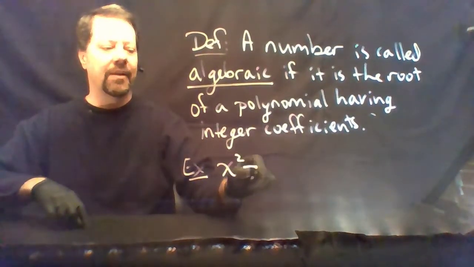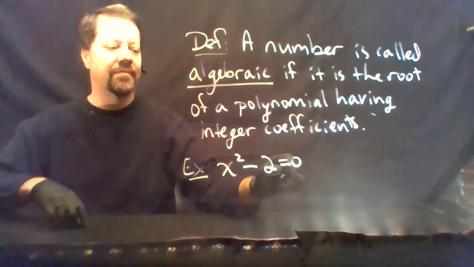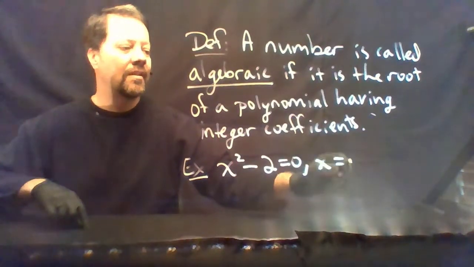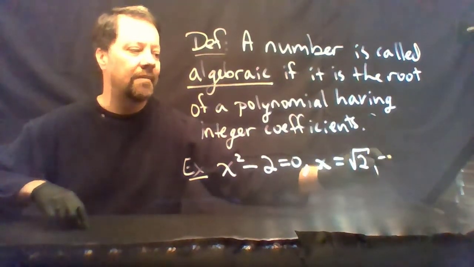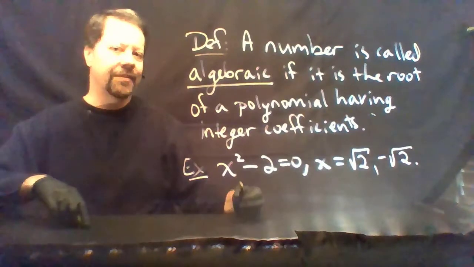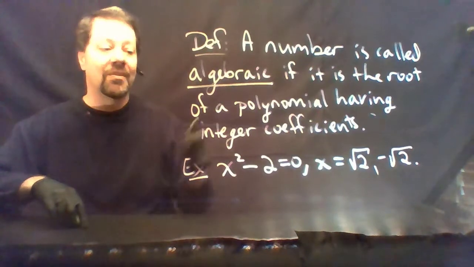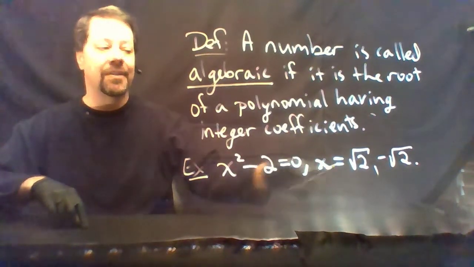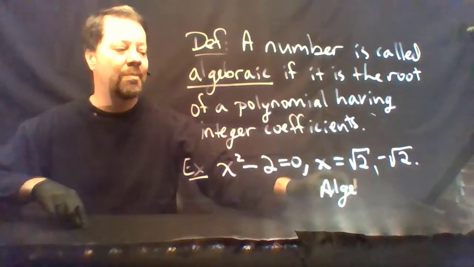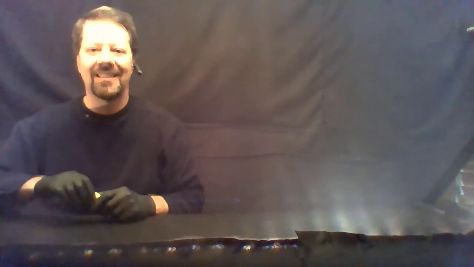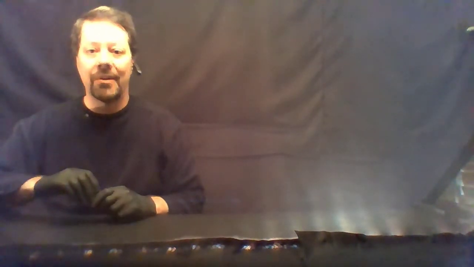Consider the polynomial equation x squared minus 2 equals 0. This polynomial equation has two solutions, the principal square root of 2 and minus the principal square root of 2. Both of these numbers are irrational, but they're roots of a polynomial having integer coefficients, so these are algebraic. All rational numbers are algebraic, but many irrational numbers are also algebraic.